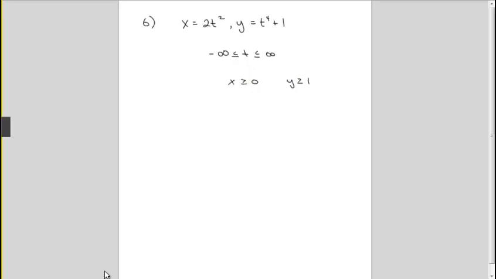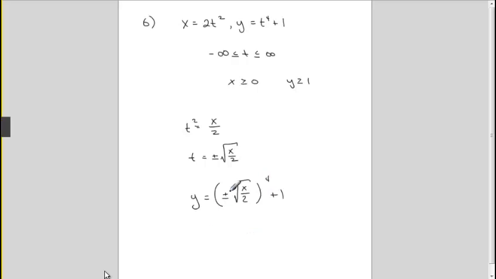So when we eliminate the parameter, we solve for t. We'd have t squared is x over 2. Take the square root, so you get t equal to plus or minus the square root of x over 2. Then you substitute it back into the second equation. So we get y equals plus or minus the square root of x over 2, to the 4th power, plus 1.